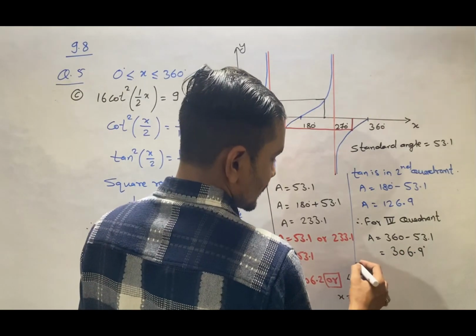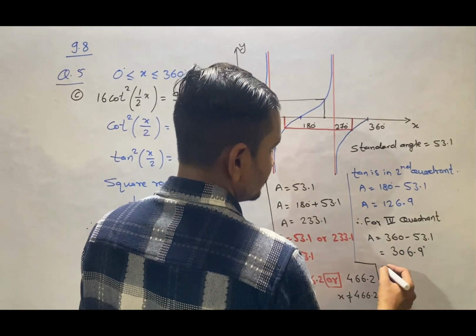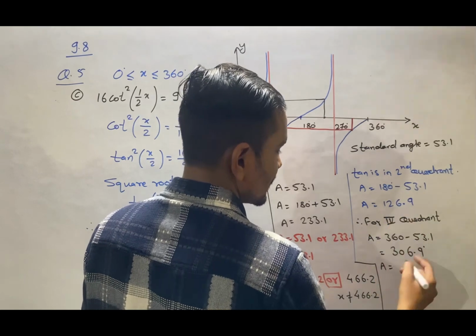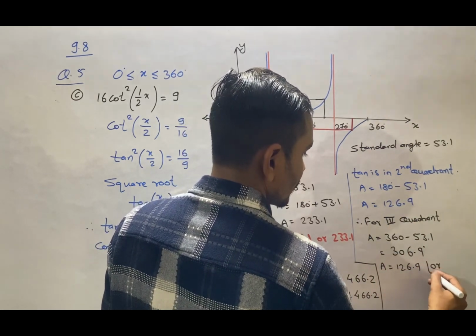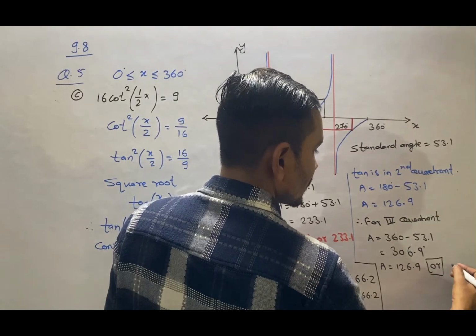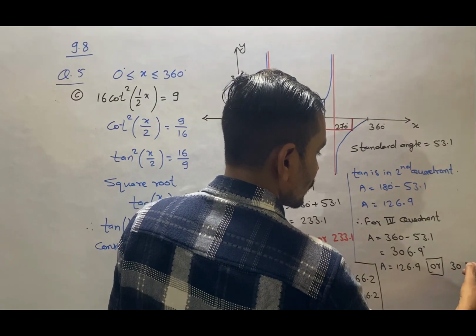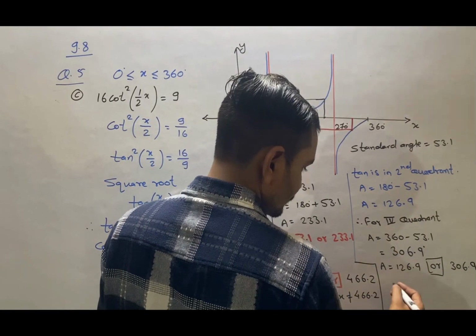The same goes for this part, where the a values are 126.9 or 306.9.